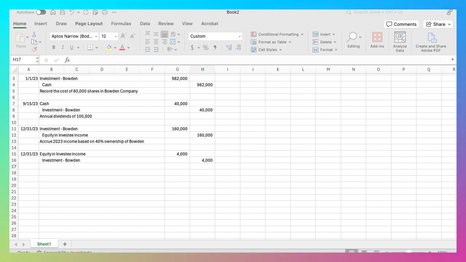Because we're selling stock, we need to figure out what our cost is, how much we should decrease the investment, and how we calculate those costs per share over the life that we've had the stock. How do we do that, right?